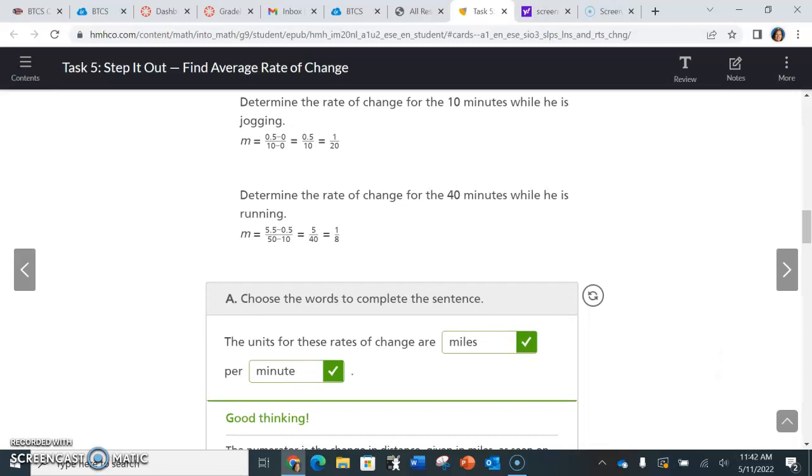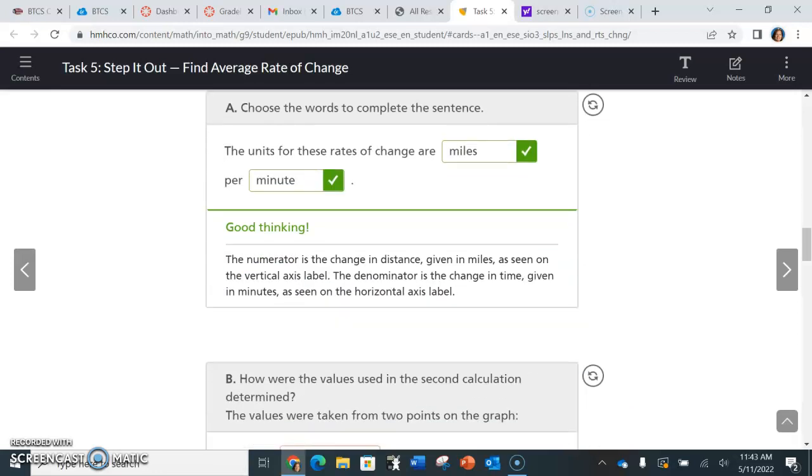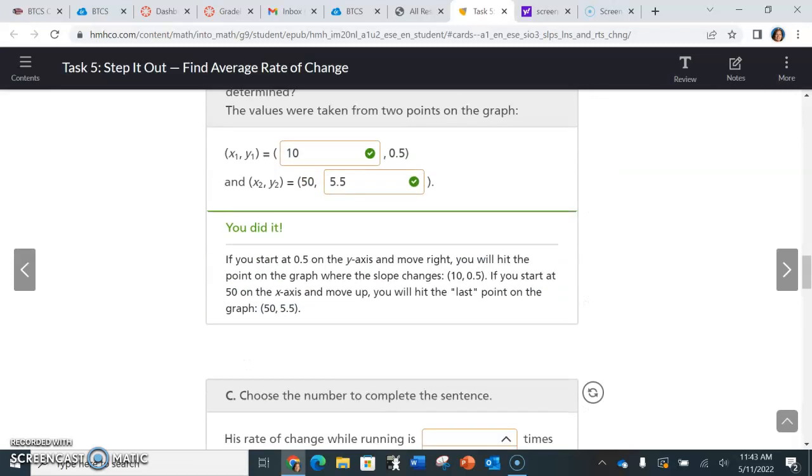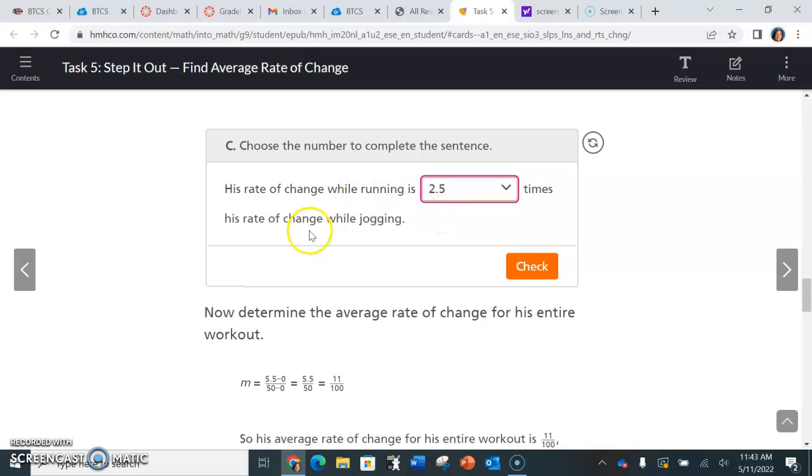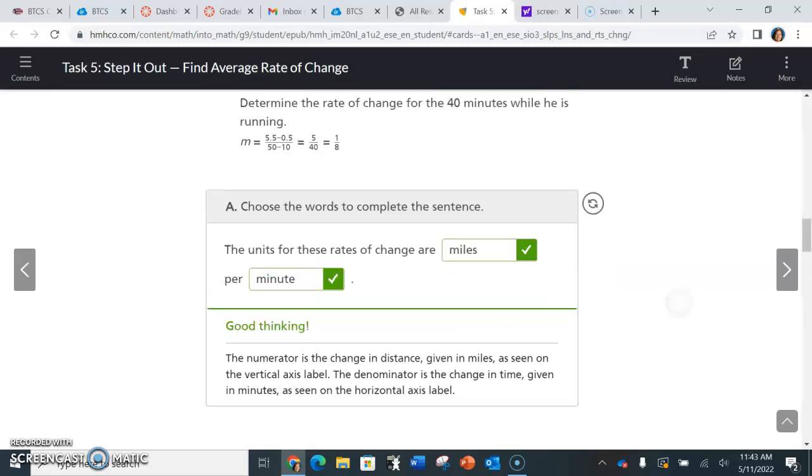So if we look at how these compare, we can see that it's going to be 2.5 times his rate of change while jogging.